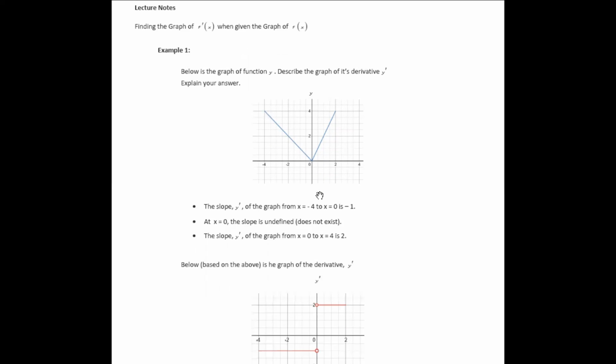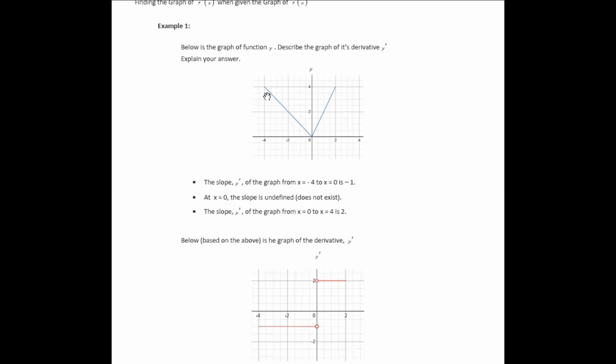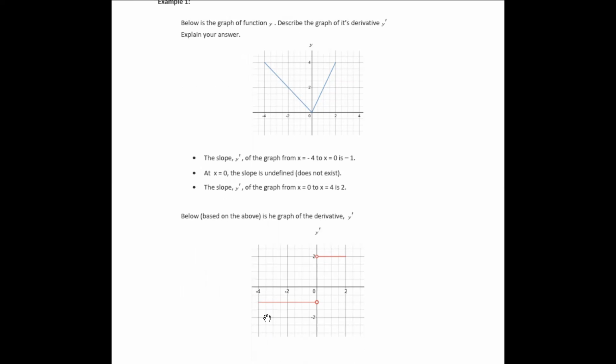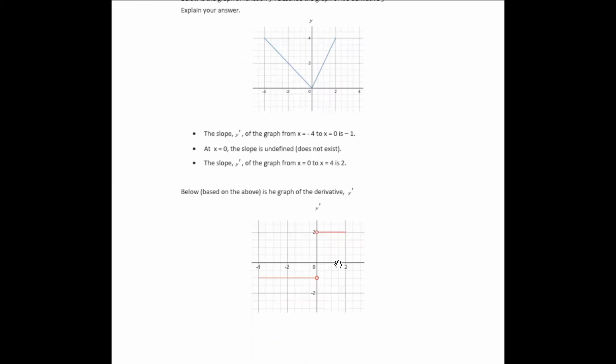What that means is y prime is -1 everywhere along this graph. So we'll come down to this coordinate system, where this is x versus y prime, and graph y prime equals -1, which is this line right here.